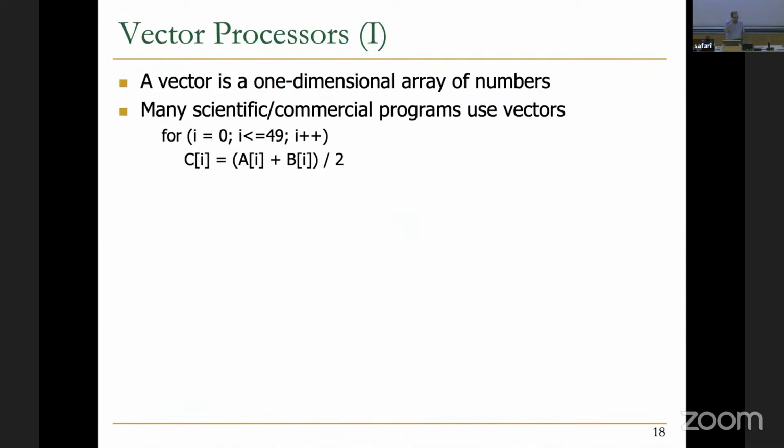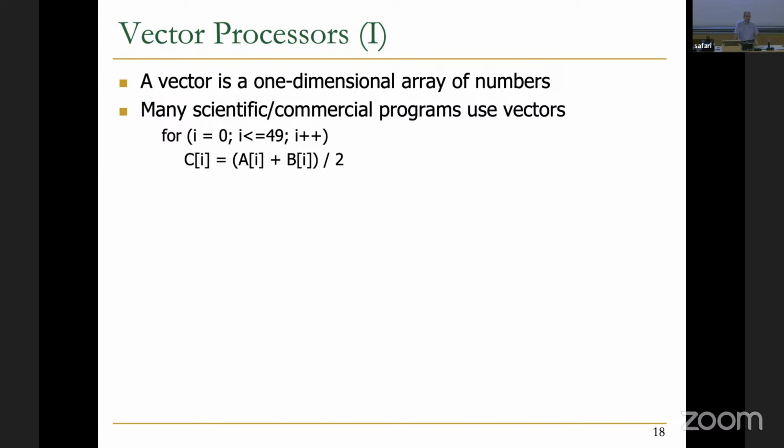Okay, so now let's get back to the vector processor. A vector is a one-dimensional array of numbers, and many scientific and commercial programs use vectors. For example, in physics and other areas, there are many applications that use big vectors.